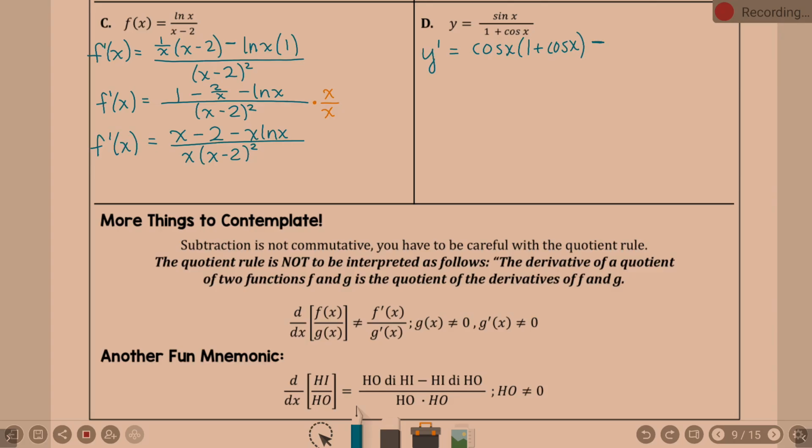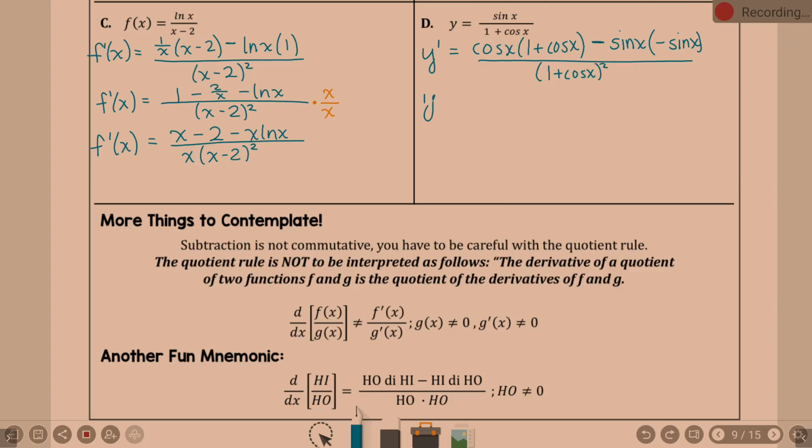Now keep the numerator, so keep sine x, times the derivative of the denominator. Derivative of 1 plus cosine x is negative sine x. All over 1 plus cosine x quantity squared.